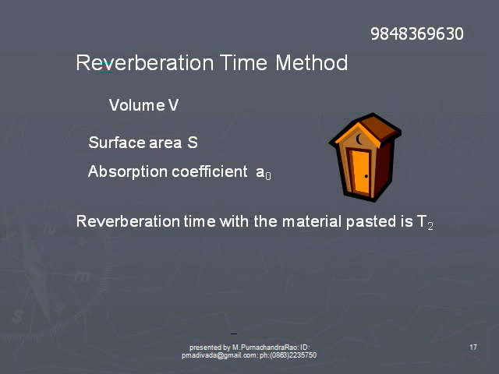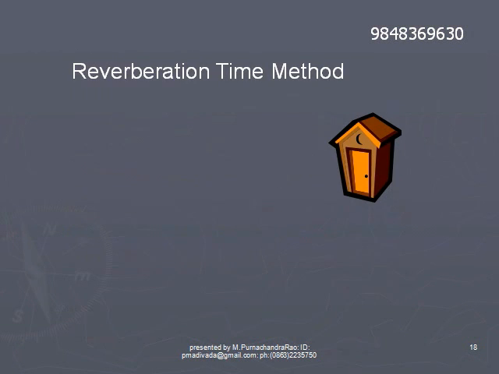Then, after pasting the material, if the reverberation time is determined, let us suppose that time is T2. The reverberation time with the material pasted on the walls of this chamber is say T2.